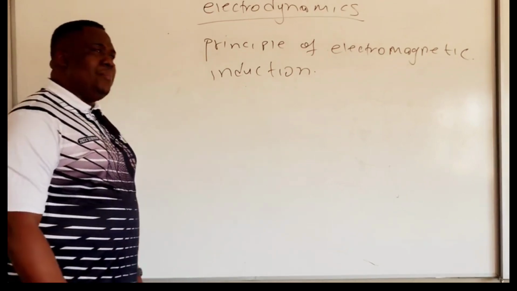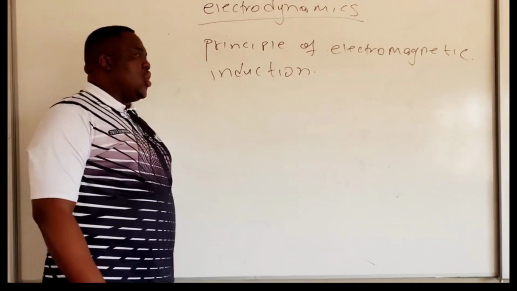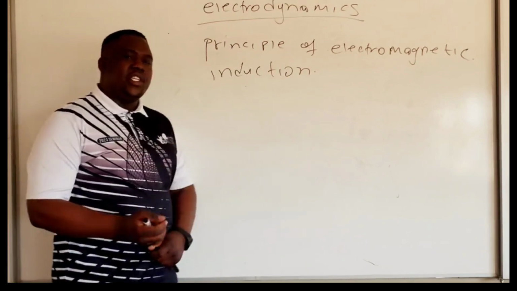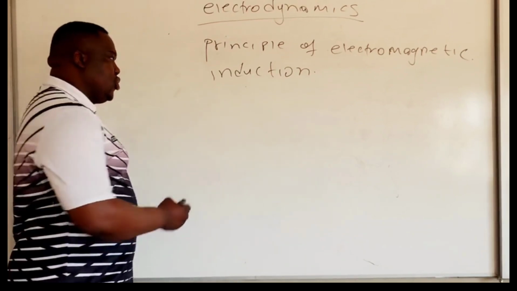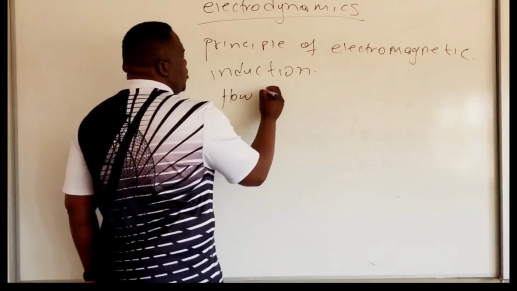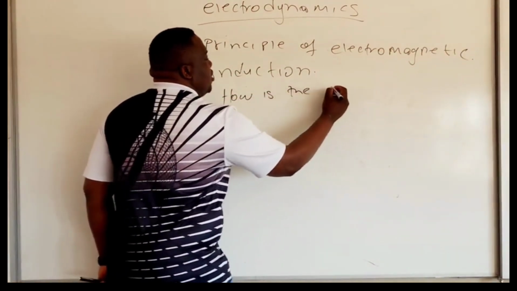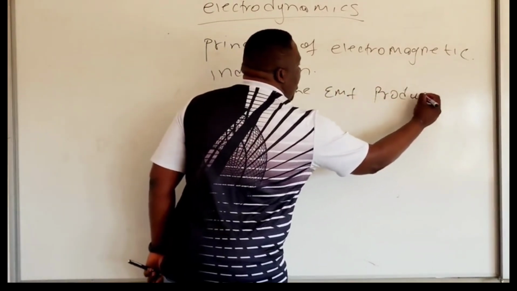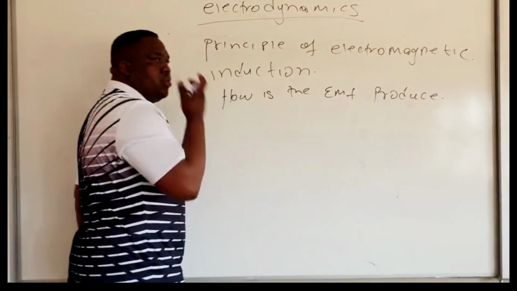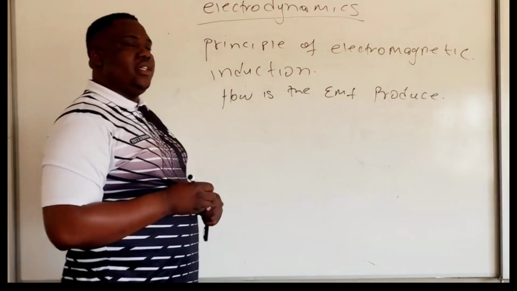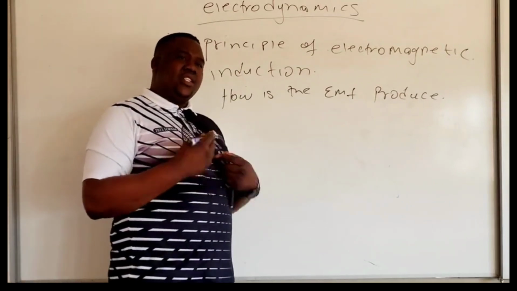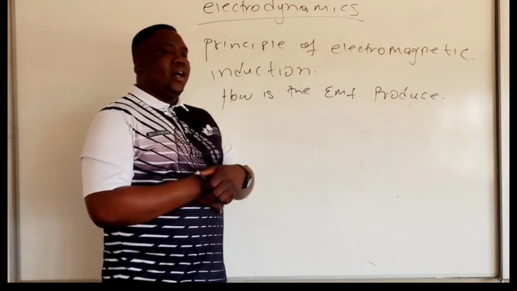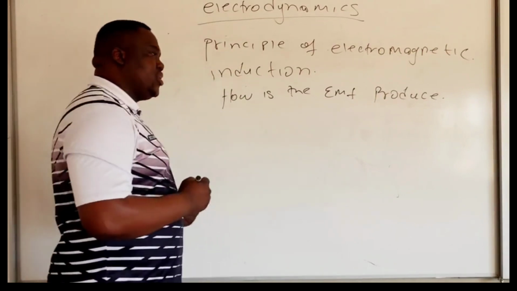So what do we mean by electromagnetic induction? How is the voltage being produced? How is the EMF produced? How does it get produced? Sometimes you can find questions which request you to explain how the EMF is produced.